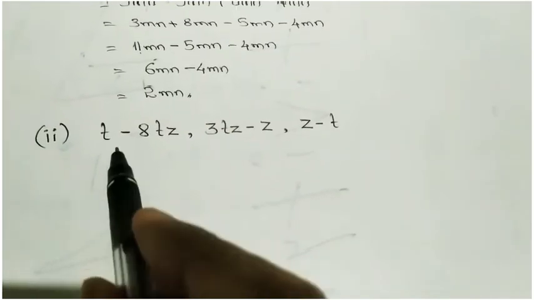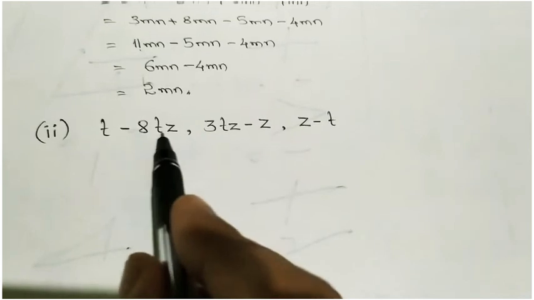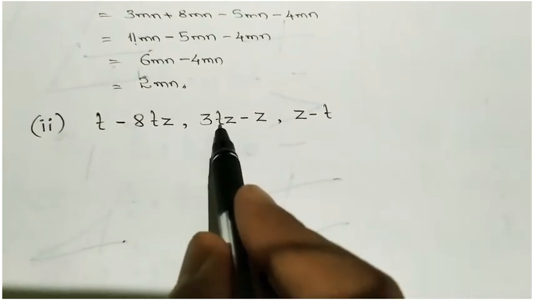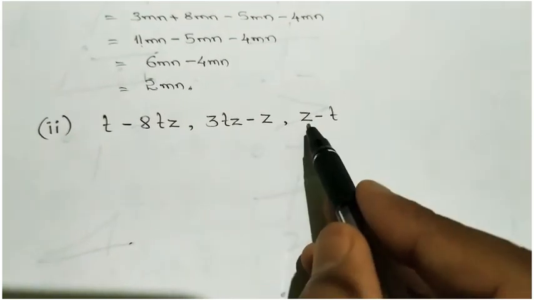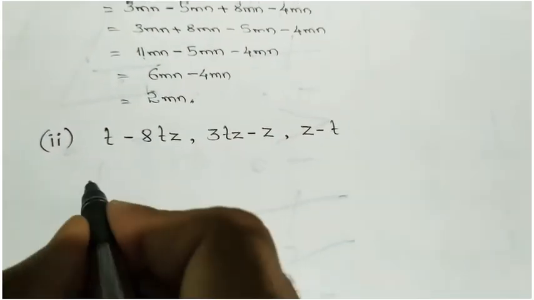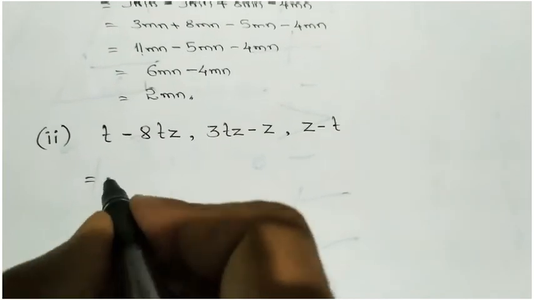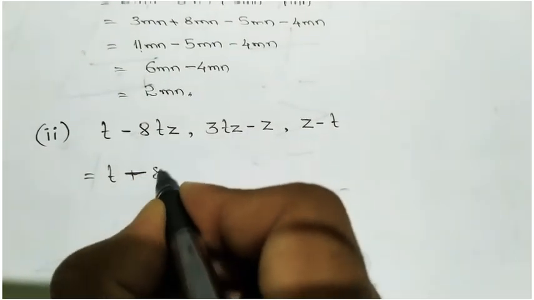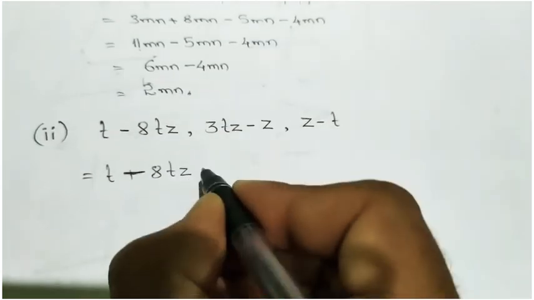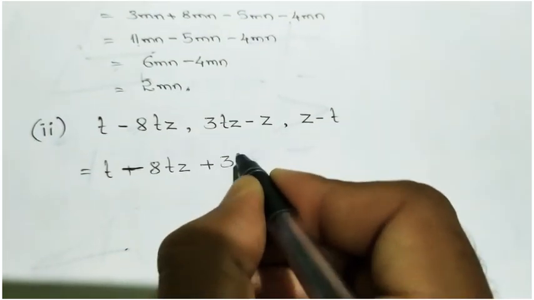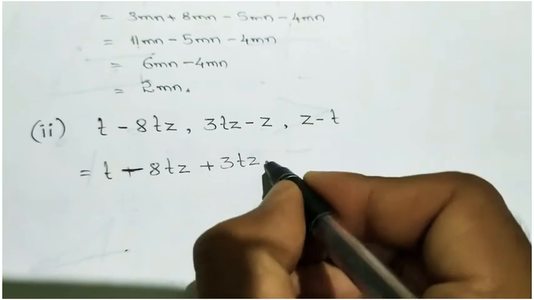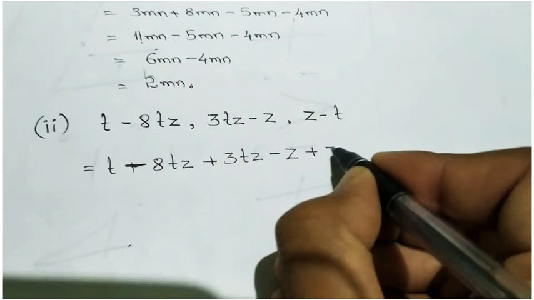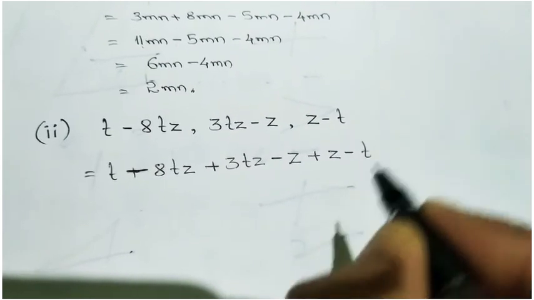Now second question, here given the combination of the terms t, minus 8tz, 3tz minus z and z minus t. Okay, so first you write in the form of addition. t plus minus 8tz plus 3tz, so plus into minus directly minus z, again plus z minus t.